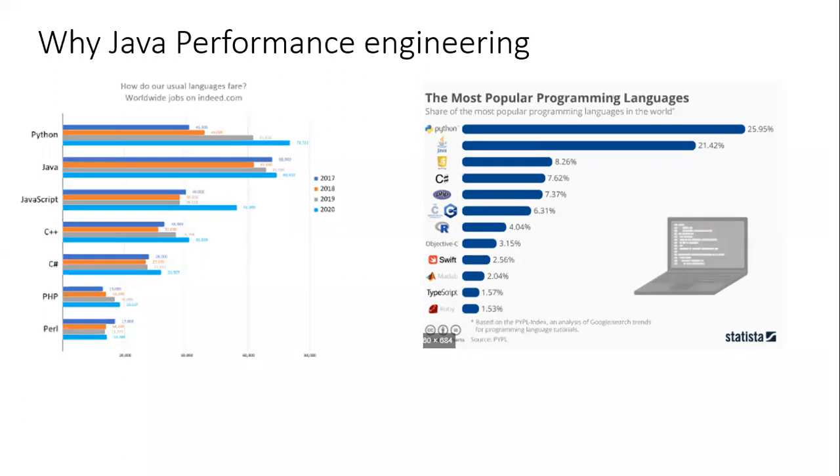Take an example: a database like Elasticsearch is itself developed on top of Java, and a messaging system like Kafka, very famous, is also developed on top of Java, and a couple of e-commerce platforms like Ibris are all developed on top of Java.